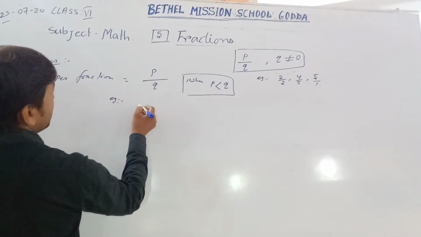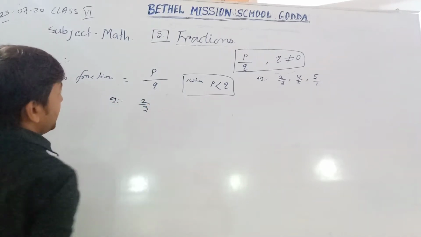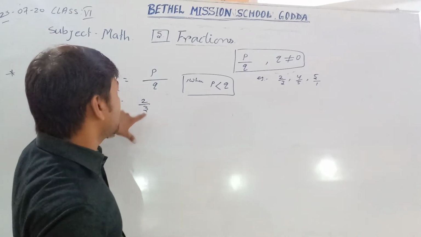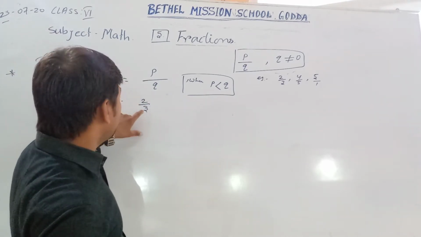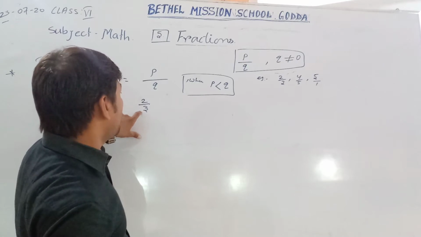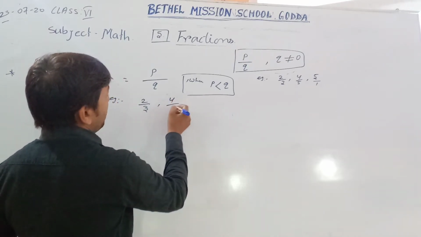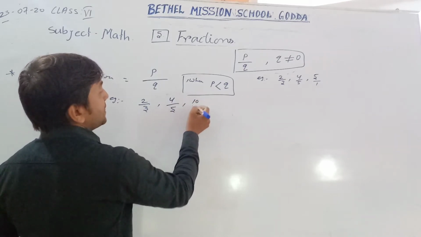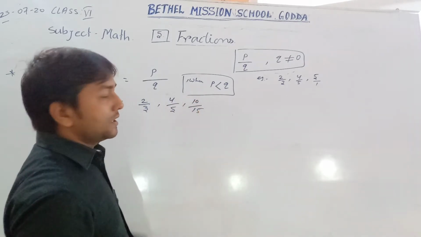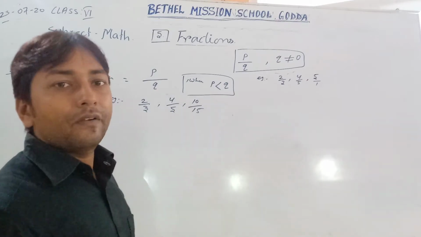For example, 2 upon 3. Here q is more than p, which means the denominator is more than the numerator. It's called a proper fraction. Also 4 upon 5, 10 upon 15. These are proper fractions.